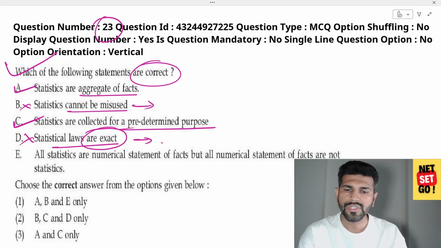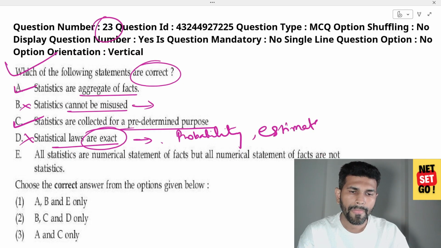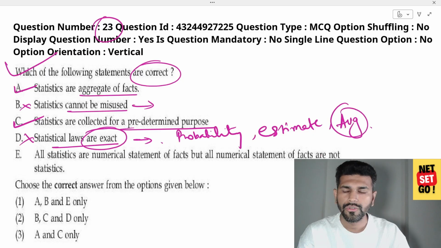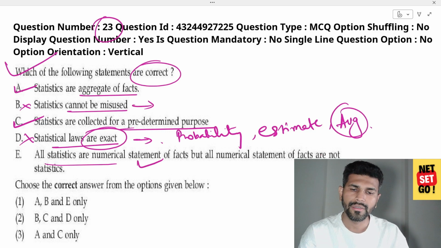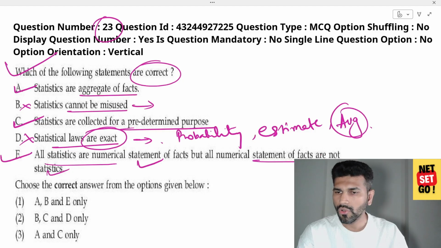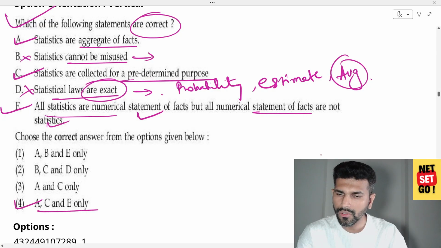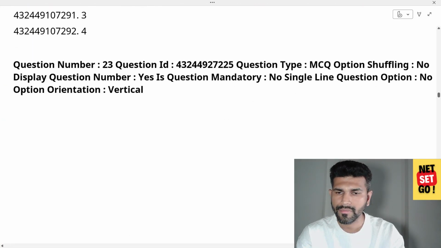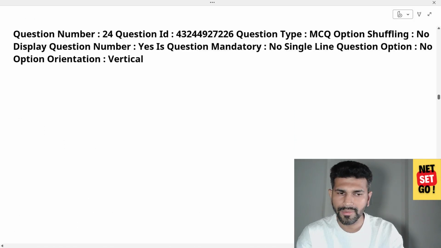No, because statistics is based on probability or estimation or average, so statistical laws are not exact. All statistics are numerical statements of fact, but all numerical statements of facts are not statistics. Correct. So A, C, E only are correct statements. Option 4 is the correct answer.